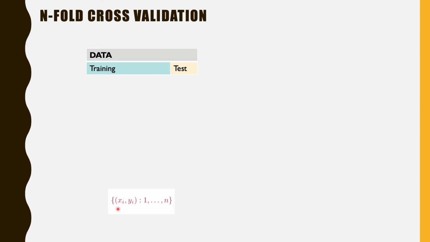The predictors may be more than one variable. Now what is happening in n-fold is that we just take a single row, okay? We take that single row as the test data set, which is just one pair. Let's say it is x1 and y1. And the rest of them is going to be your training set, okay?